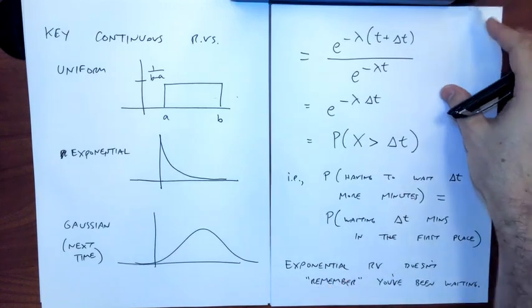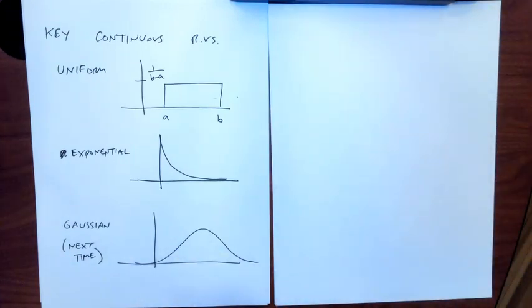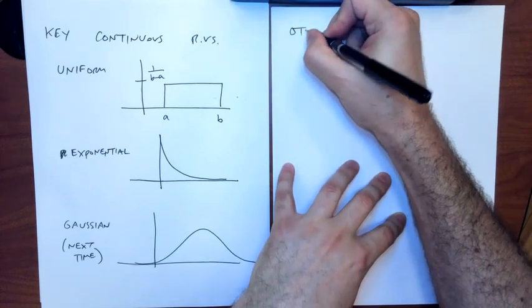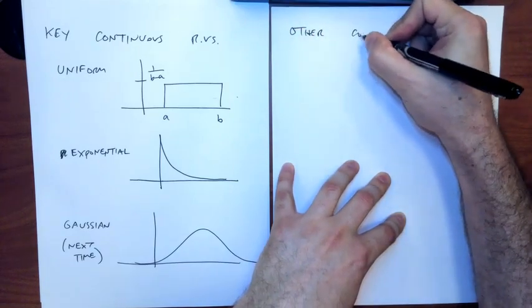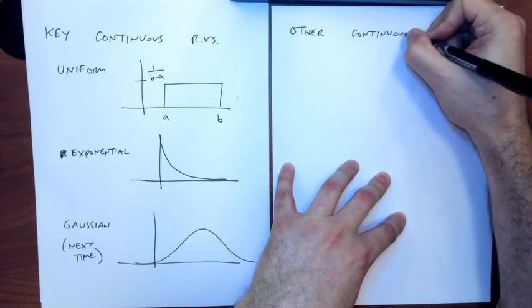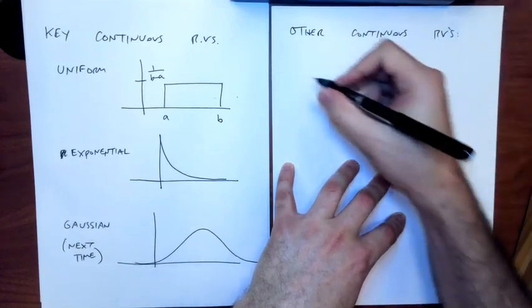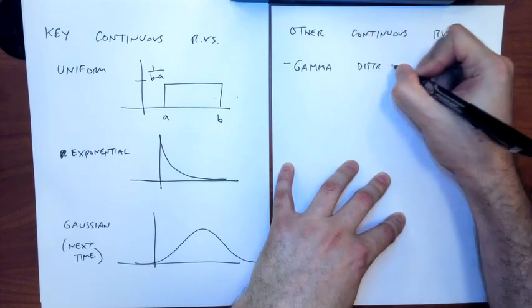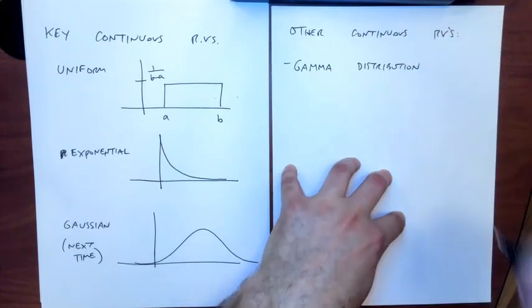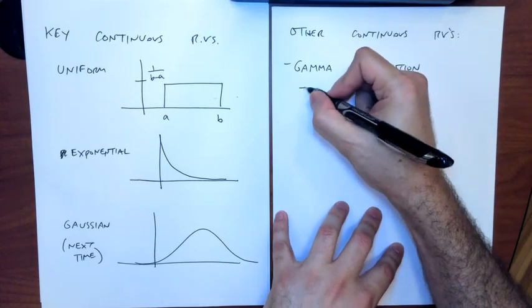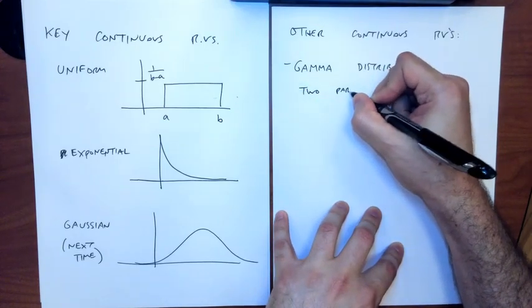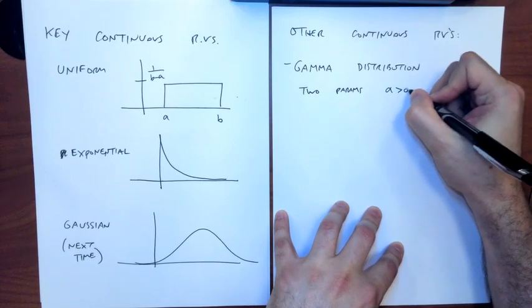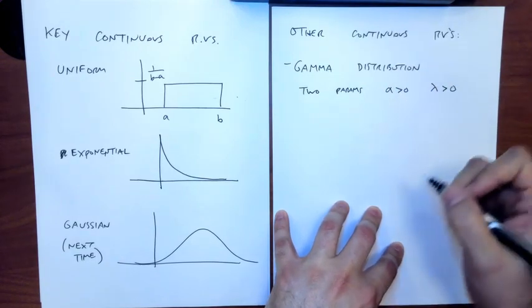Now, let me tell you about a couple of other ones that you may come across, with the understanding that we're not going to really talk about these in much detail beyond right now. So other continuous random variables. There's one called the gamma distribution. The gamma distribution has two parameters, alpha and lambda, both positive numbers.